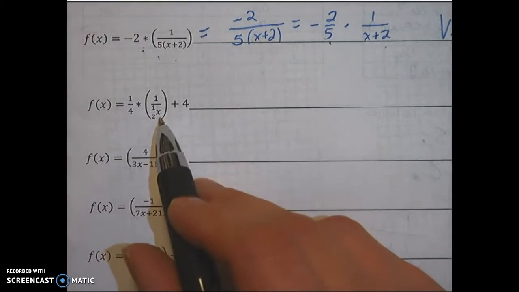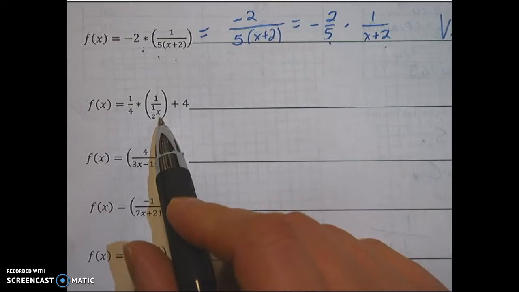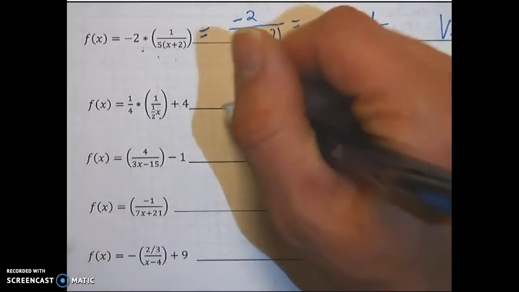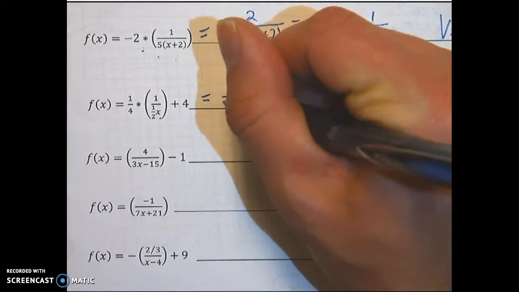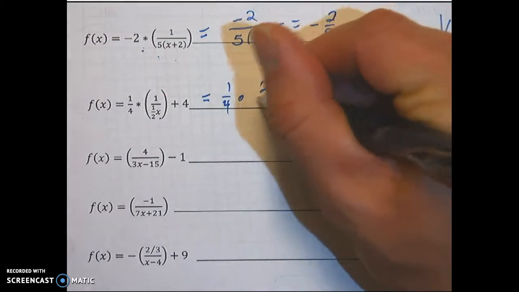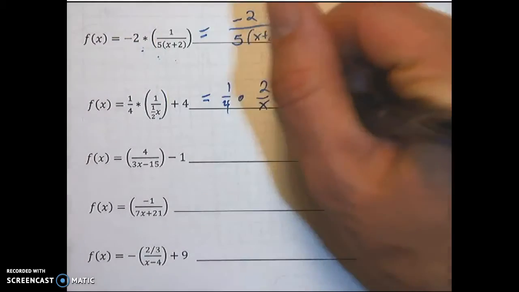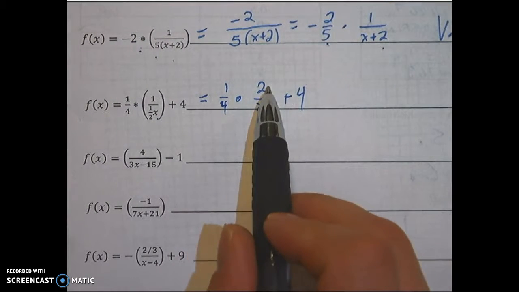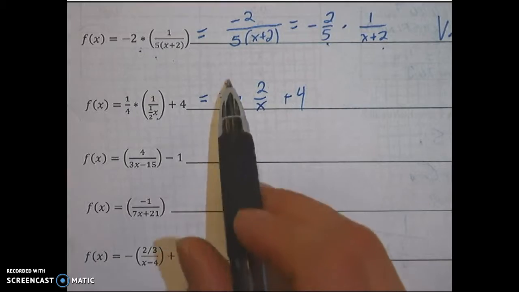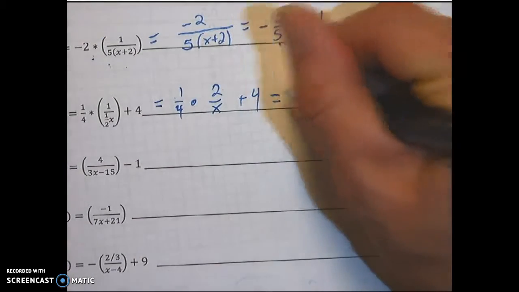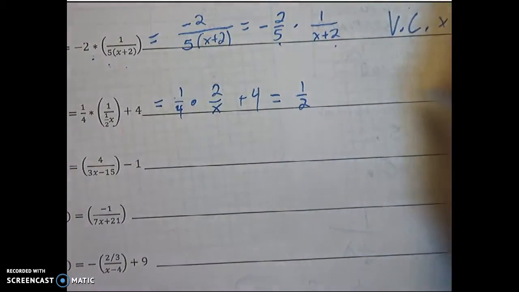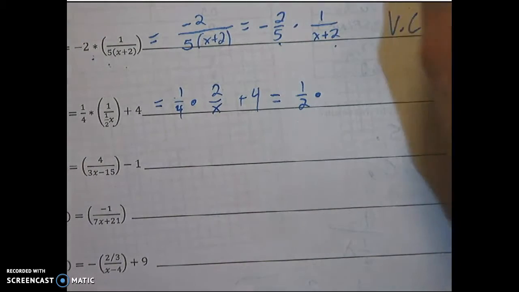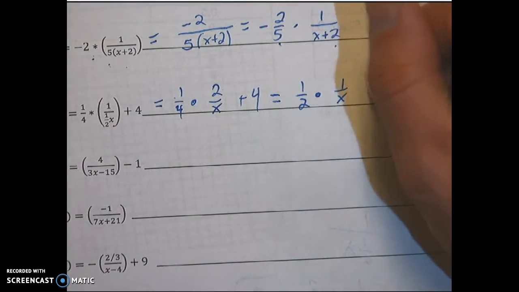So here, notice that there's a 1/2 in the bottom of the fraction there. So I can rewrite that as 1/4 times 2 over x. And all of that's plus 4. Well, notice we got a fraction here. So I can move that 2 over here, and it's going to be 2 over 4. So this is going to simplify to 1/2 times 1 over x plus 4.